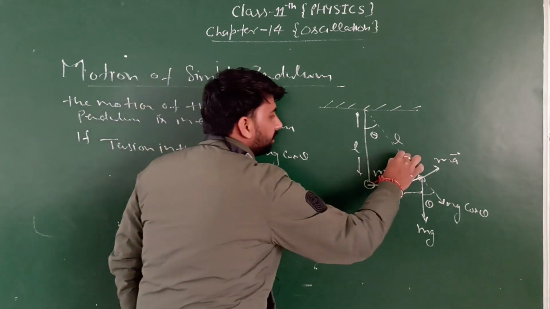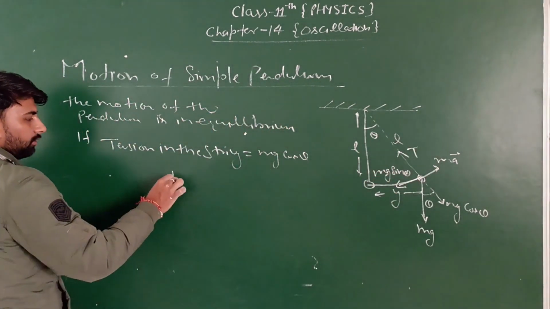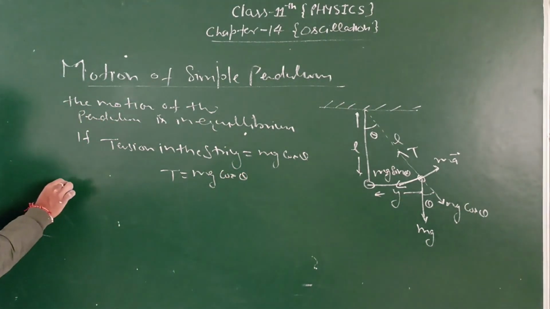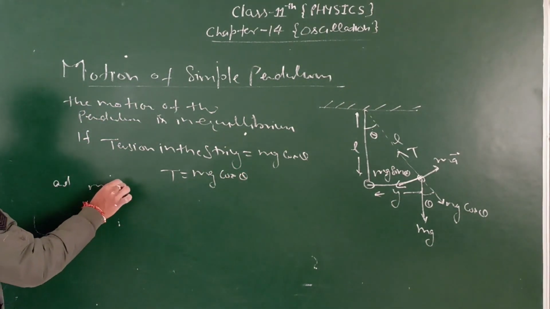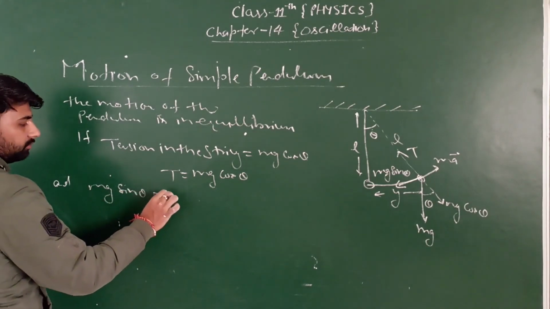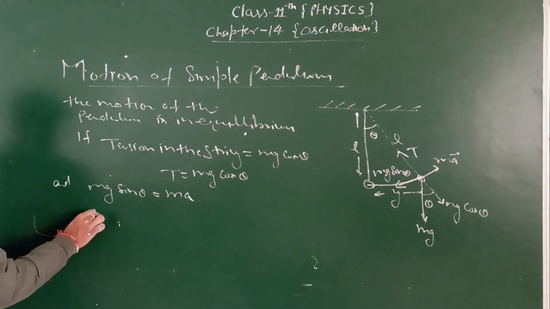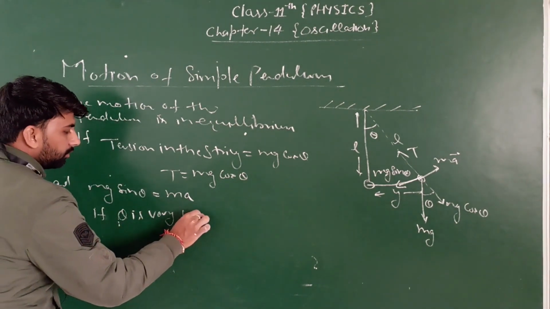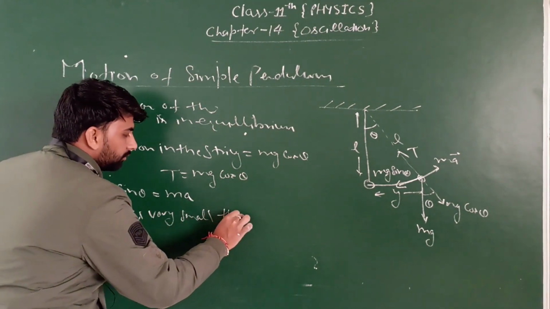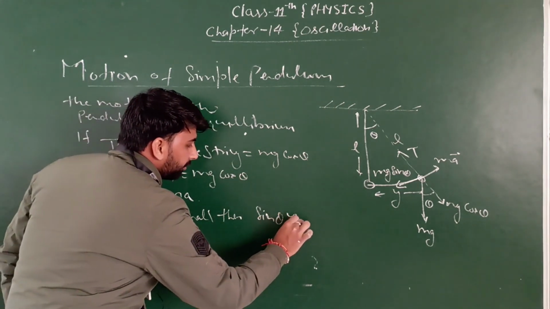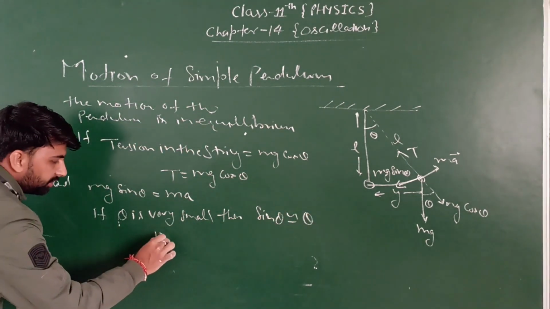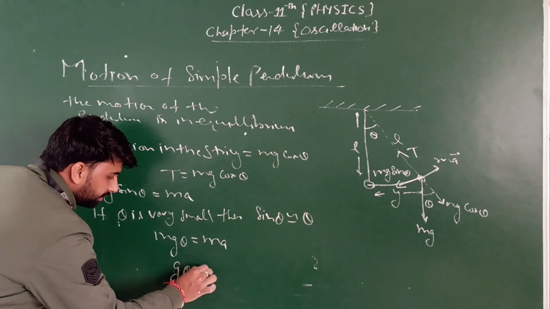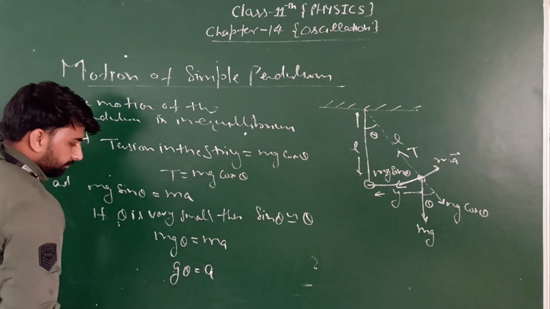This means the tension T is equal to mg cos theta, and mg sin theta is equal to ma. If theta is very small, then sin theta can be written as theta. So mg theta is equal to ma, and g theta is equal to acceleration a.